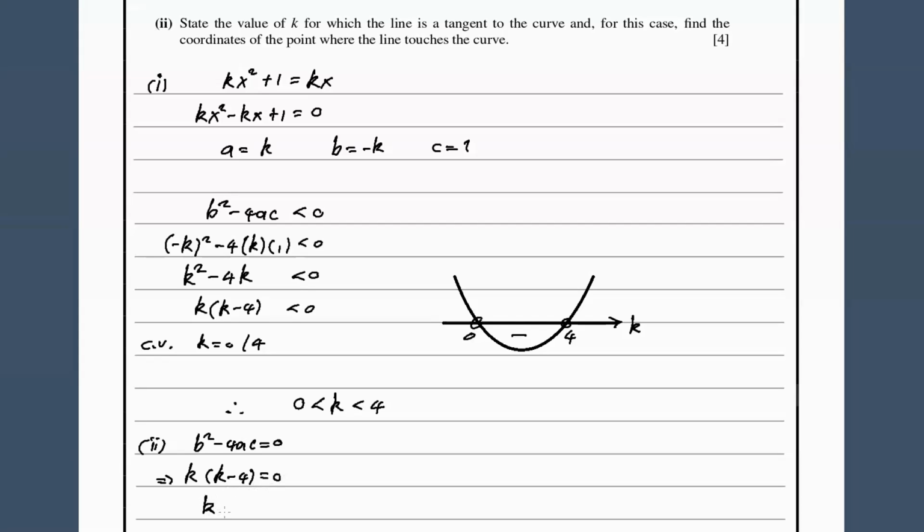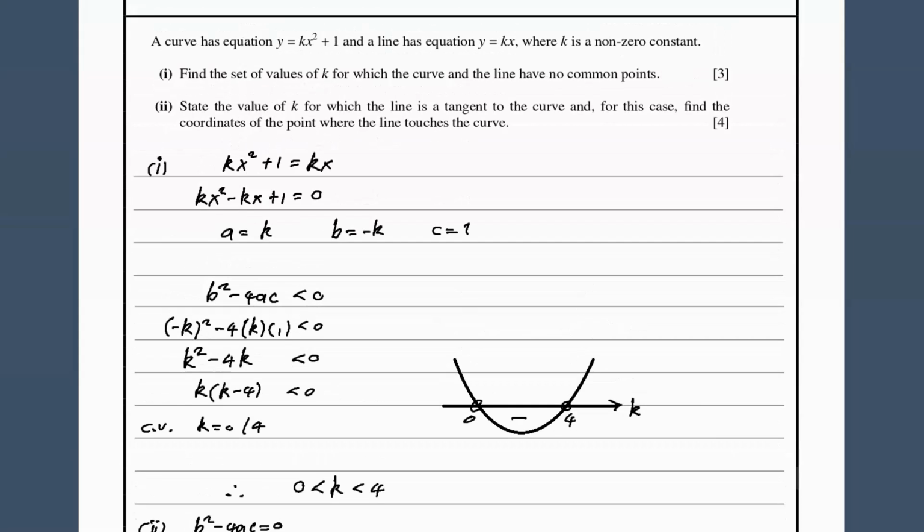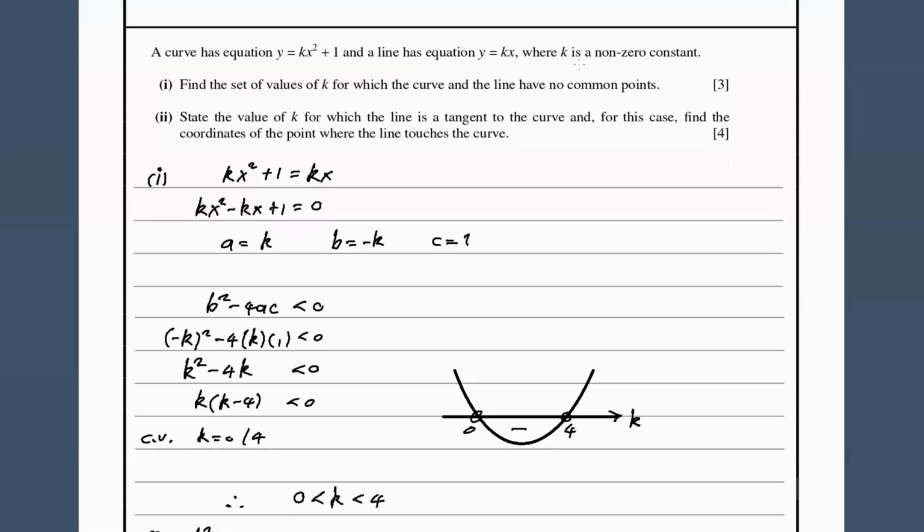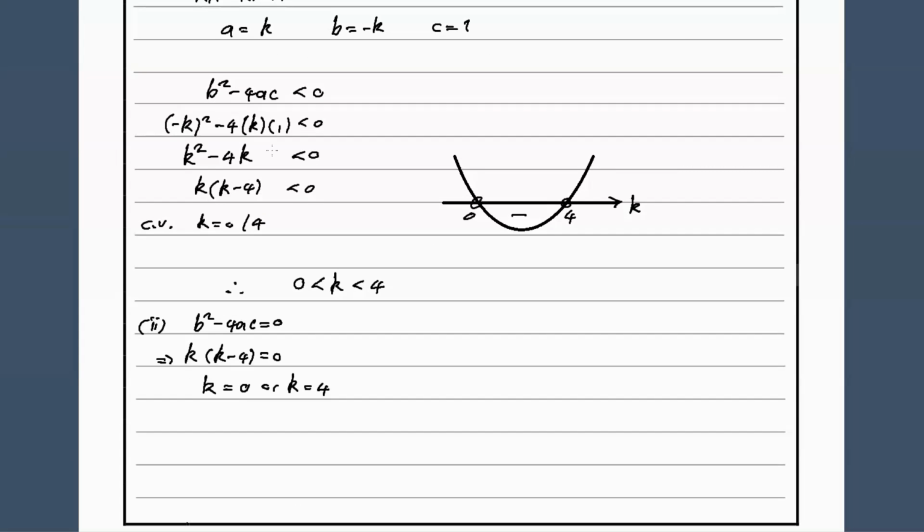And we know from here that k should have a value of 0 or k should have a value of 4. But we had been told that k is a non-zero constant, which means we cannot take this value of k. K cannot be equal to 0. So rather, we'll take that k is equal to 4.